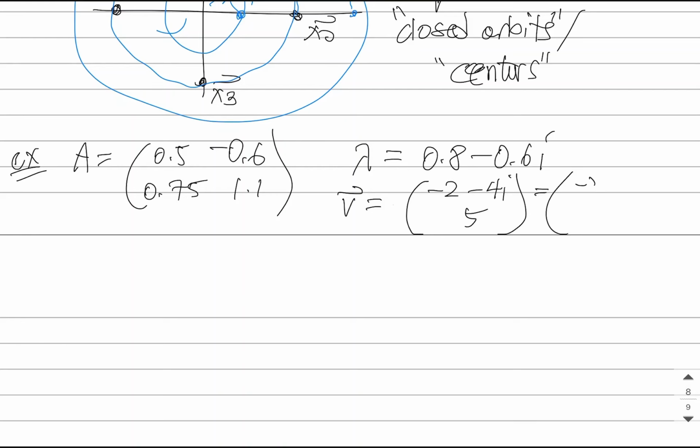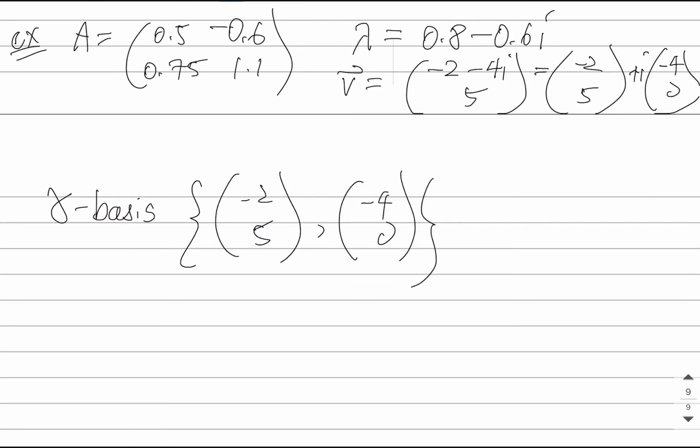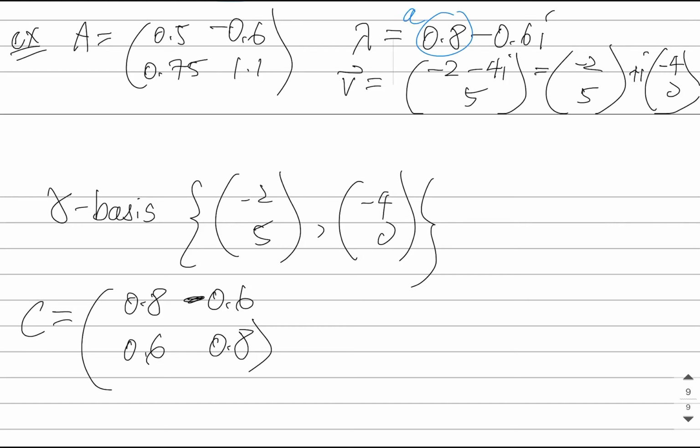So that'd be negative 2, 5 plus i times negative 4 and 0. This is our gamma basis. The matrix that we are similar to is 0.8, negative 0.6, 0.6, and 0.8. The reason is because this is A and B is 0.6. Remember, we want the eigenvalue with the negative there.